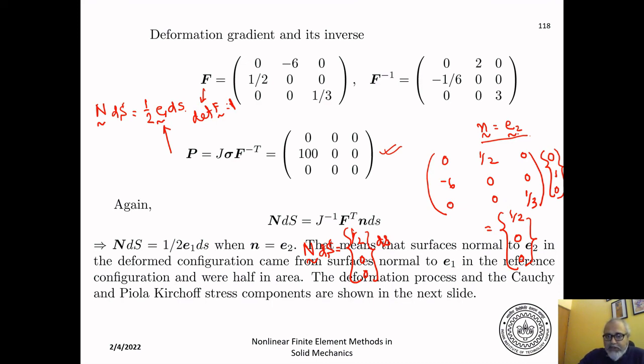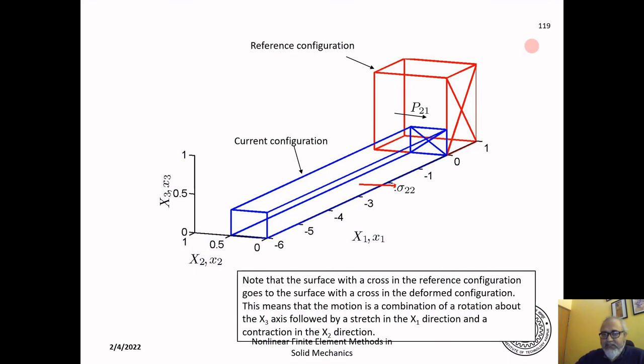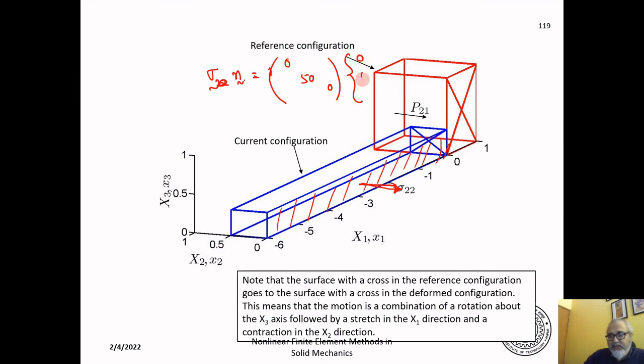Now, this is shown in the next slide. So this is your reference configuration. This surface with the cross has gone to this surface with the cross, and sigma 22 is acting in this direction, and the traction on this surface in the deformed configuration is sigma n, which is 0, 50, 0 times n, and n is in the two direction, so 0, 1, 0.